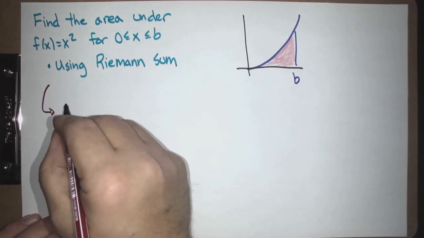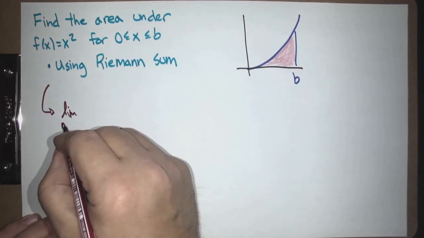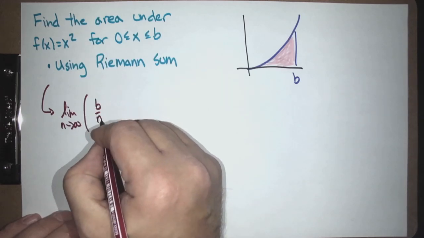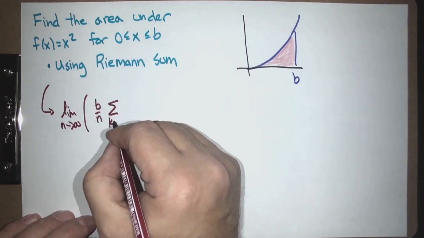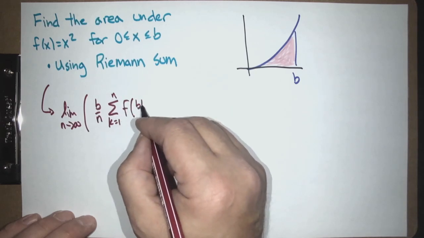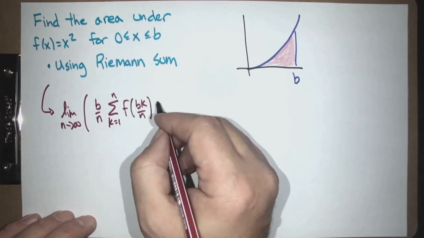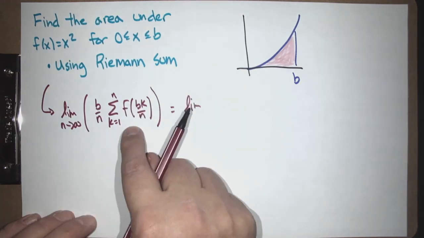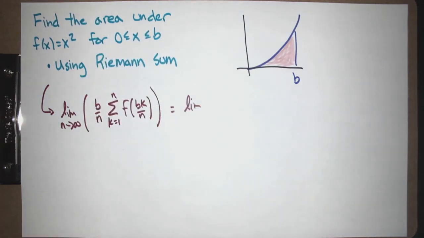So, we're going to take a limit. n goes to infinity of b over n, sum k equals 1 to n of f of b times k over n. So, that's just the definition of Riemann sum for an interval from 0 to b. No surprises on that part.